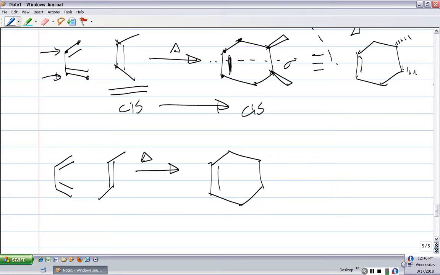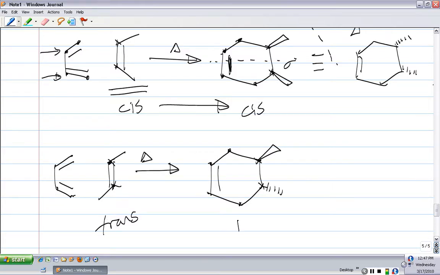Again, carbons 1, 2, 3, 4 are here. And these two carbons are going to be here. Let's make these with an X. But the groups on these carbons are trans. The groups on this alkene are trans, and so they'll be trans in the product.